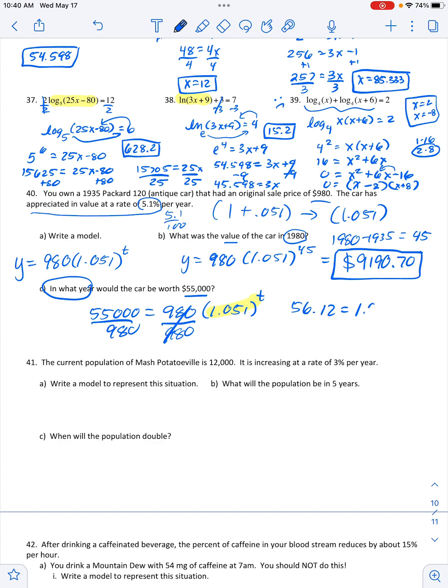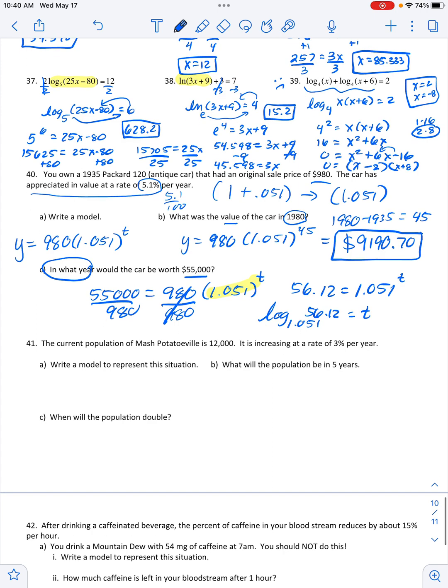56.12. And then to solve a power problem, I need to rewrite it as a log. So log of the thing raised to the power goes over here, and then the other number lands here. But again, I need my calculator to find this for me, and so I end up typing it into my calculator as log of the 56.12 over log of 1.051.